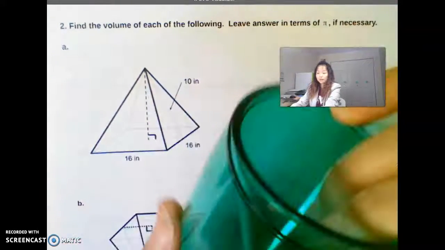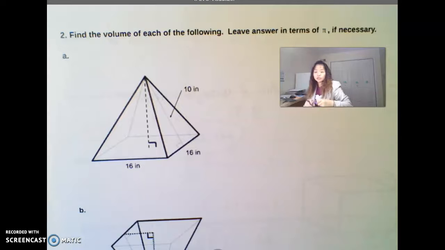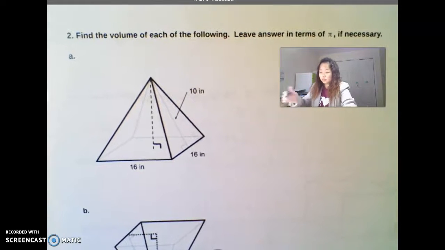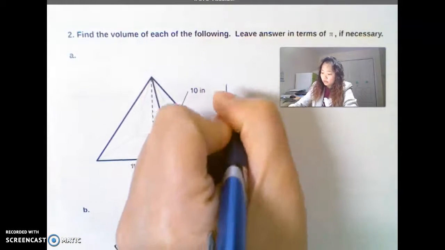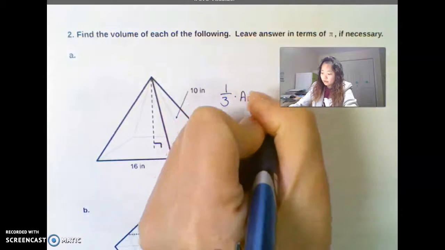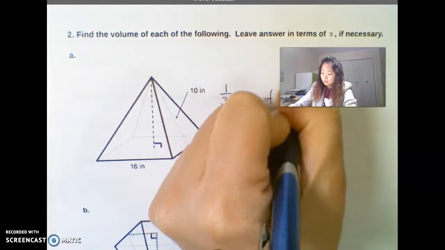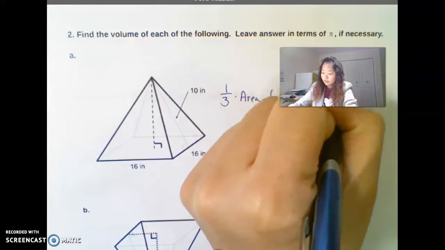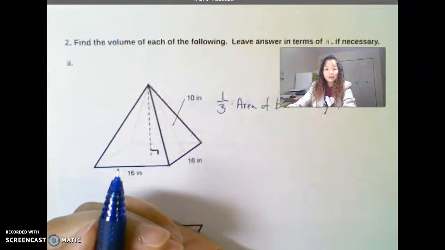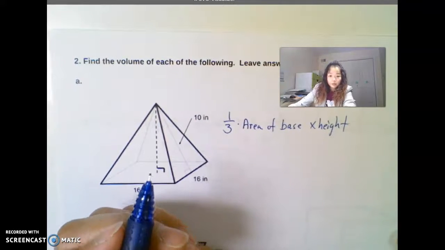So our formula for anything to do with a cylinder or cone would be 1/3 of the area of the base times the height. Not a slant height, just a regular height.